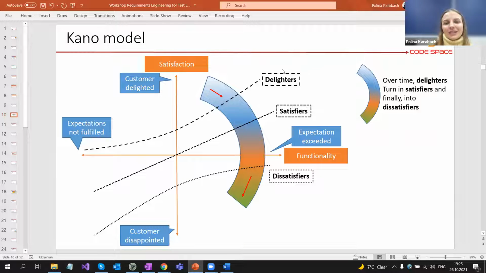And then there's this third category called delighters, or we can also say wow features. It's something that users don't expect and don't even realize could be done. It's like on a subconscious level, something they didn't realize they needed.